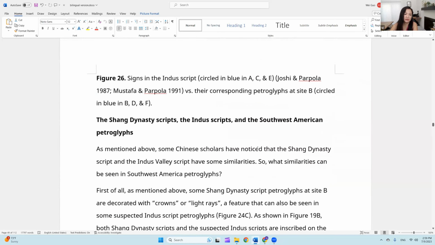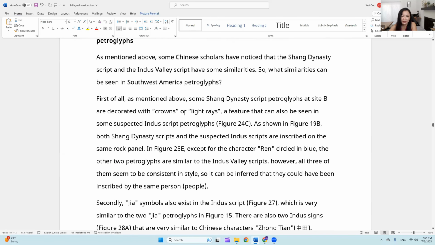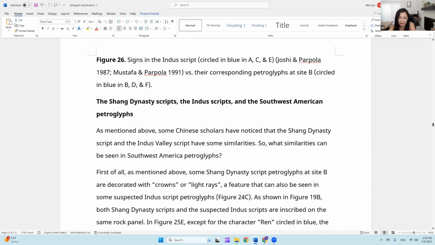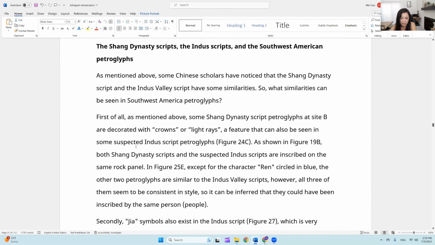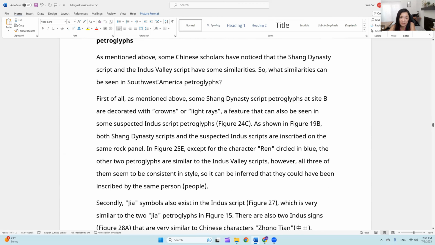So let's look at this: the Song Dynasty scripts, the Indus scripts, and the Southwest American petroglyphs. As mentioned above, some Chinese scholars have noticed that the Song Dynasty scripts and the Indus Valley script have some similarities. So what similarities can be seen in the Southwest America petroglyphs?